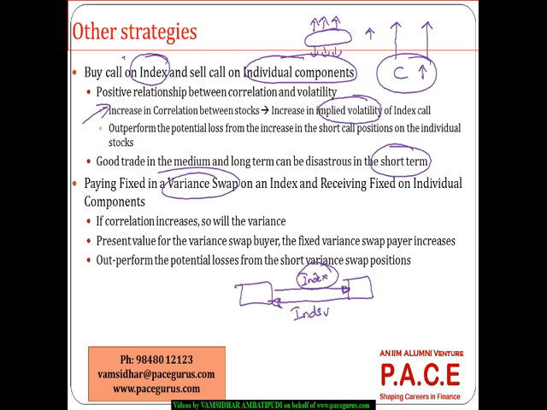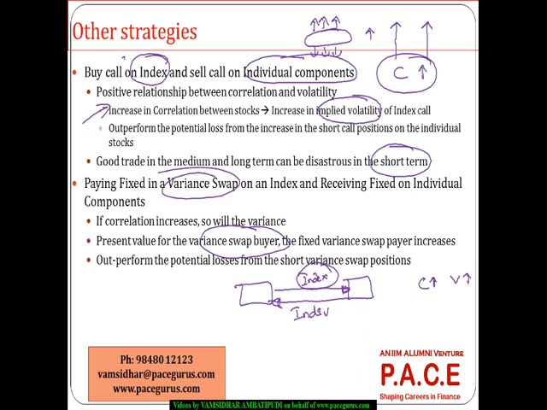Again, the same logic: if the correlation is increasing, the variance of the index is going to increase. So the present value of the swap is actually increasing for the buyer, which means what he is receiving is typically going up. So all these kinds of strategies that are being performed are exclusively targeted towards different kinds of trades using the correlation itself, right?